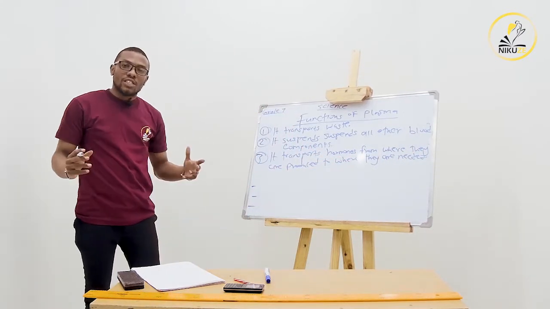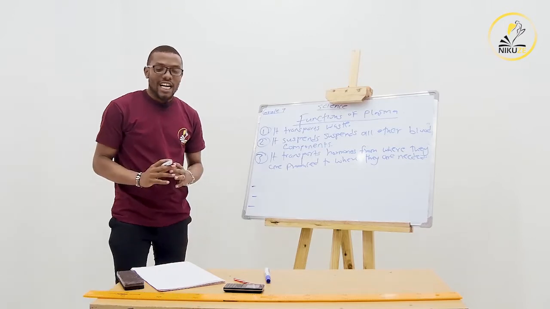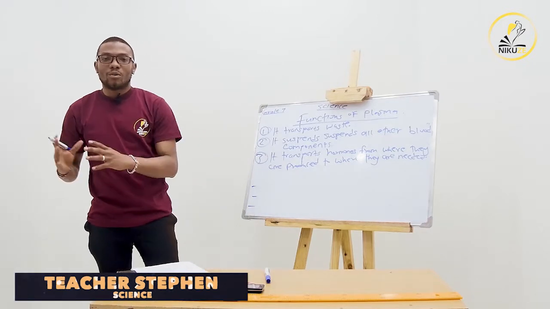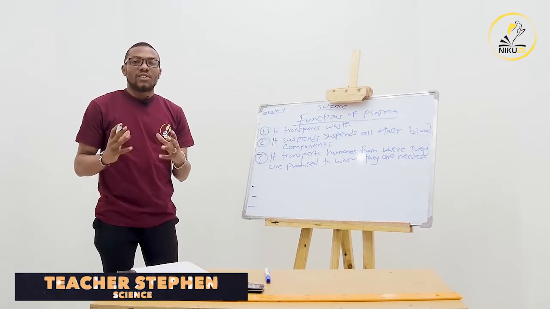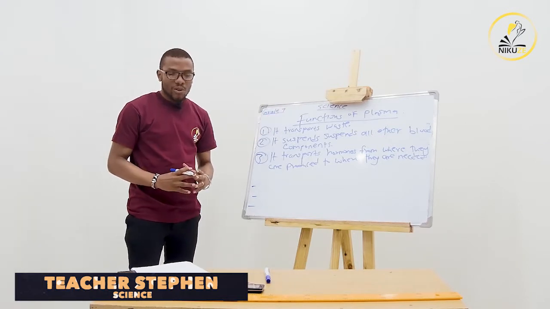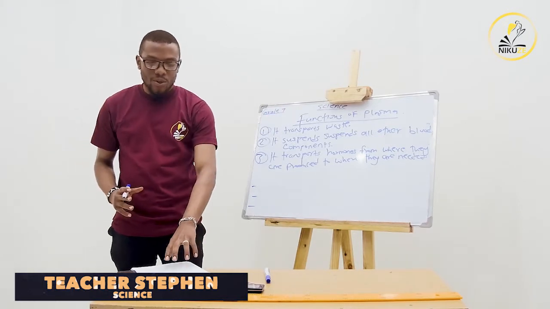Your body produces hormones, and these hormones are produced in one area and taken to another part of your body where they are used for specific purposes. So it is the plasma that transports them to that part of your body.